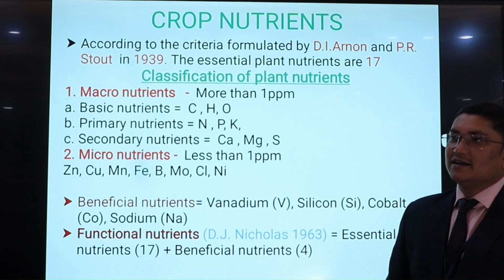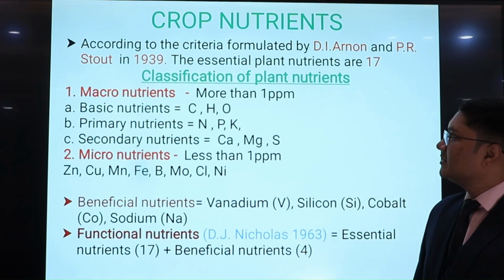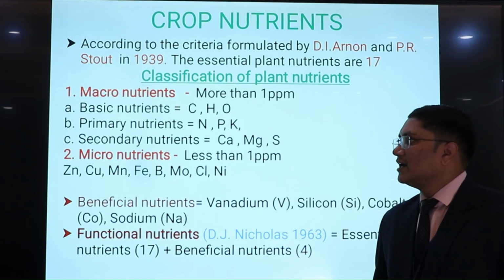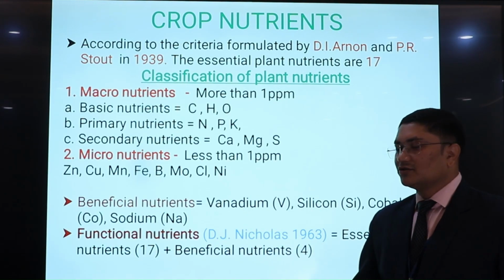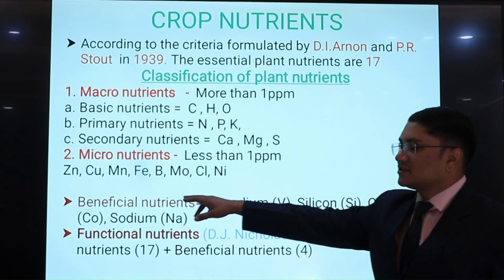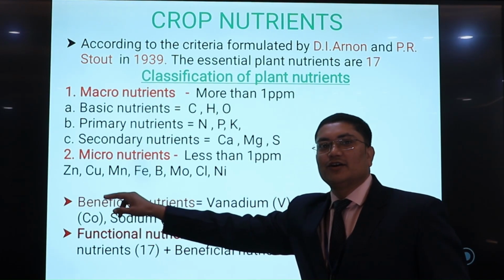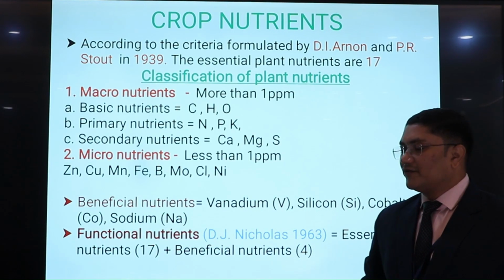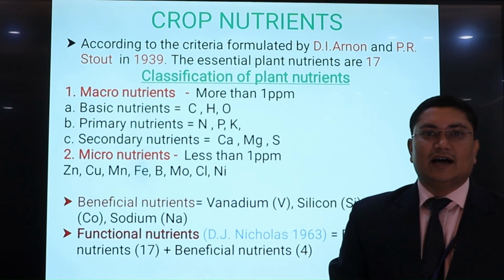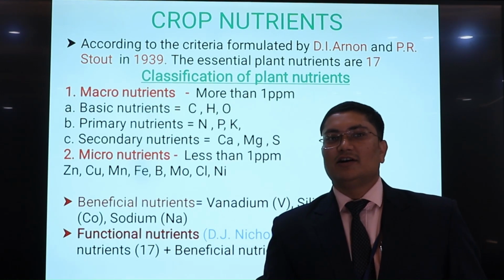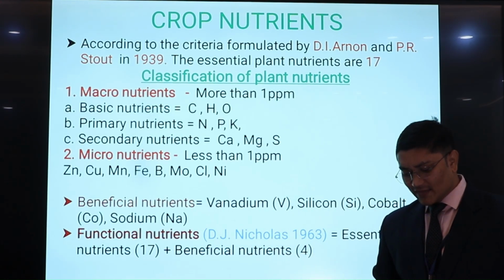Then the second category is the micronutrients. Nine elements are in macro, and the remaining eight are micronutrients, which are required at less than 1 part per million in the plant: zinc, copper, manganese, iron, boron, molybdenum, chlorine and nickel. These micronutrients are essential for plants.